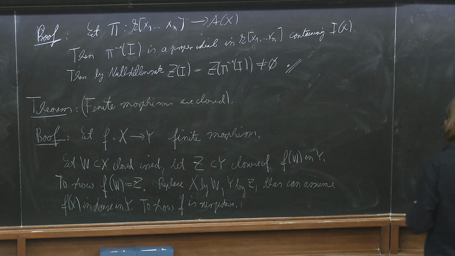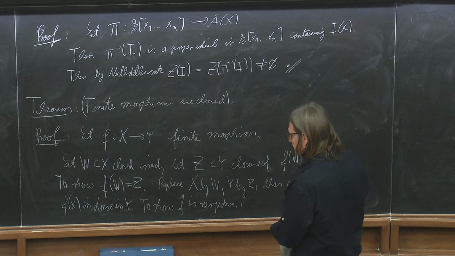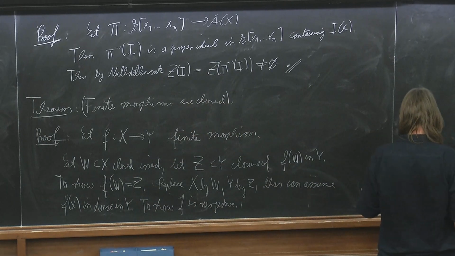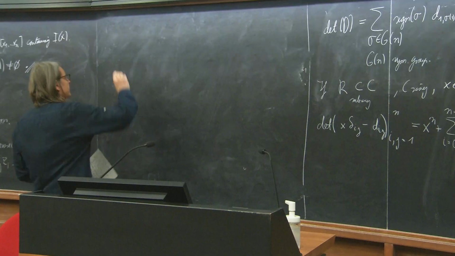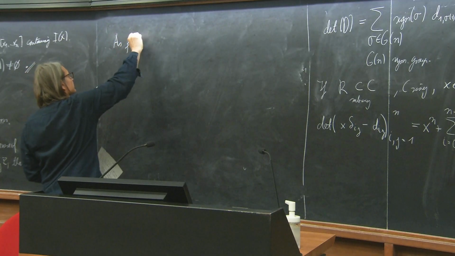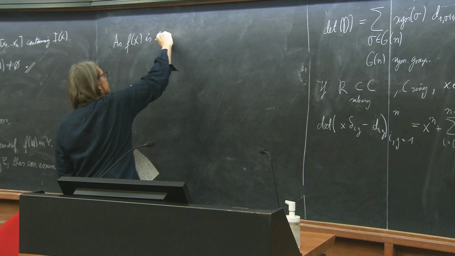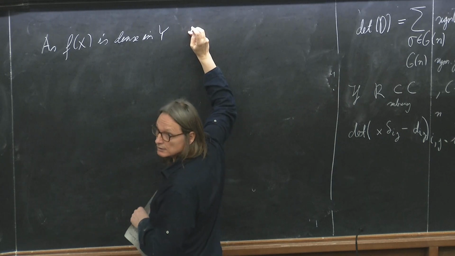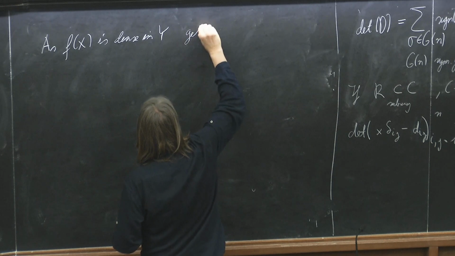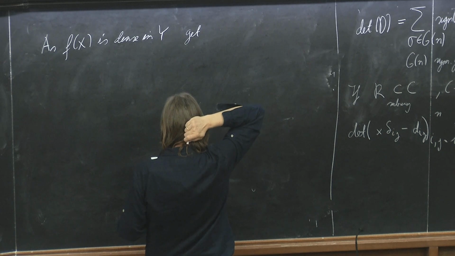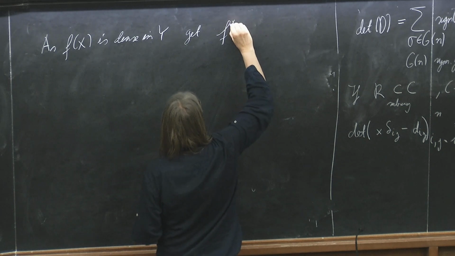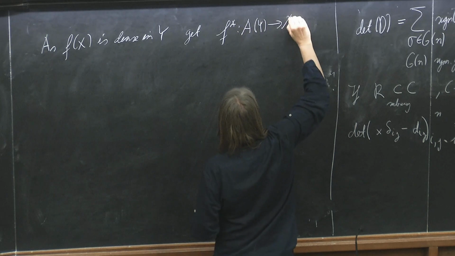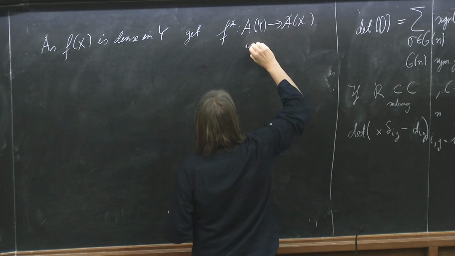So first, we use the homework that you had, namely, as f of X is dense in Y, we get that f star, the pullback by f from AY to AX, is surjective.